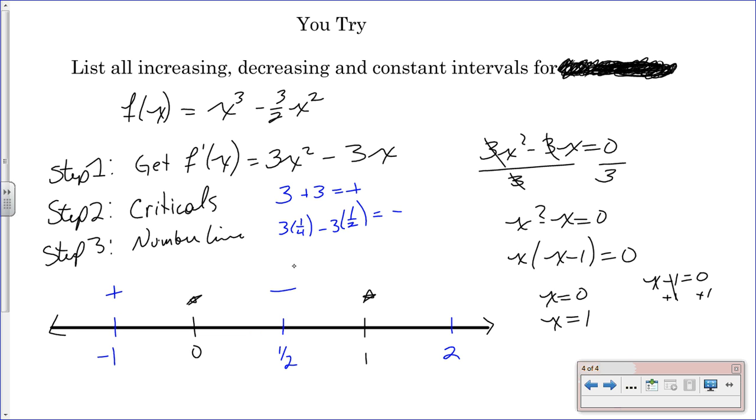Now let's plug in 2. We're going to have 3 times 4 minus 3 times 2. Well, 3 times 4 is larger, so that's going to give us a positive number. Plug in your criticals: 0 gives us 0, so that means it's constant. Plug in 1, again that gives us 0, so it's constant.